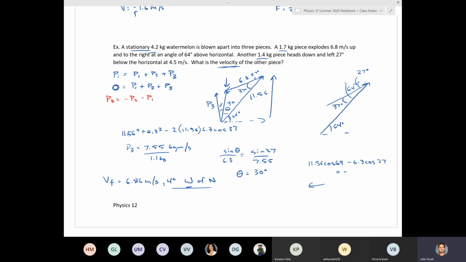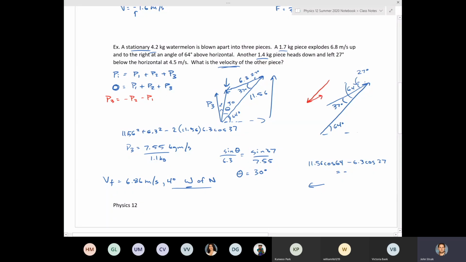So now the first piece goes up and to the right, so now it's going to go down and to the left, 64 degrees below the horizontal. So that's going to look like this. And then you're adding to that the negative of the next piece. So this is heads down and left, so now it's going to go up and right 27 degrees, and so it's going to go this way.